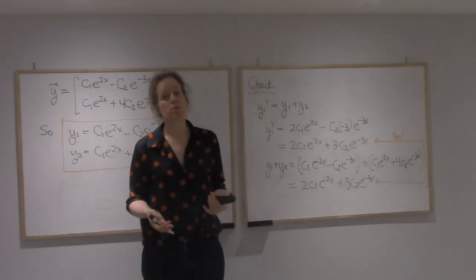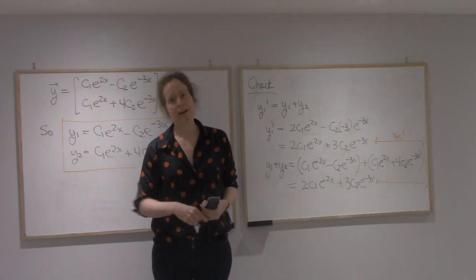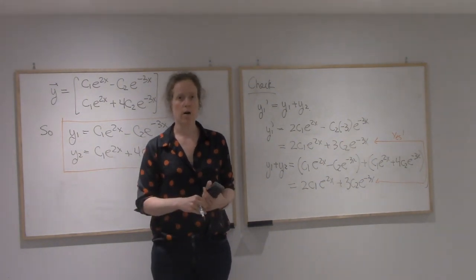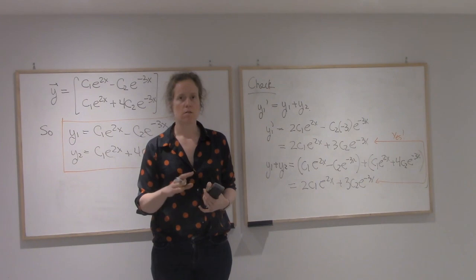That was the first of the two equations. I'll leave it up to you if you feel like it to check that the second one is satisfied as well. But I'm going to move on.